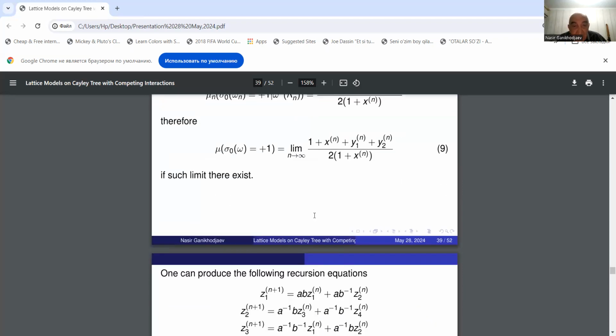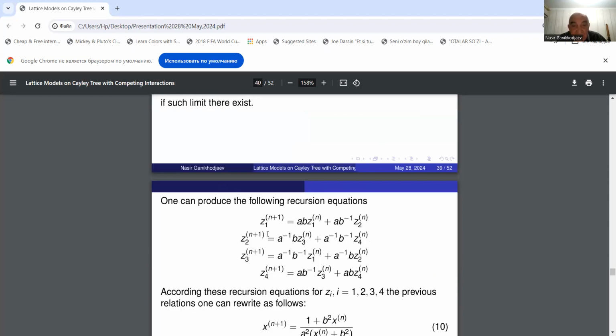So now we can produce a recursive equation. This Z1 n plus 1 is the same partition function, part of the partition function on lambda, which consists of levels from 0 to n plus 1. So fixing 0 and side 1, we can produce such equations.